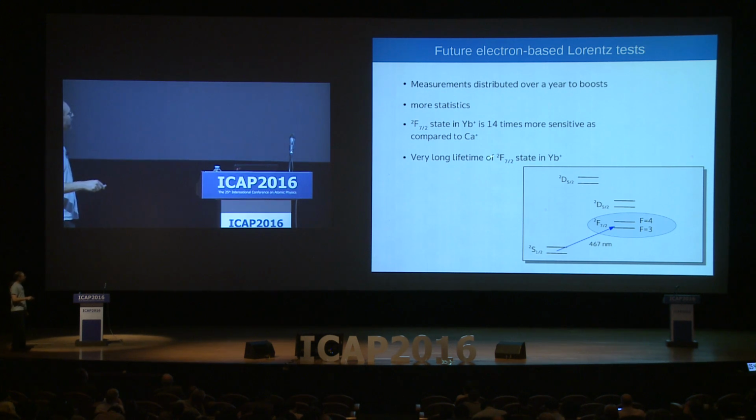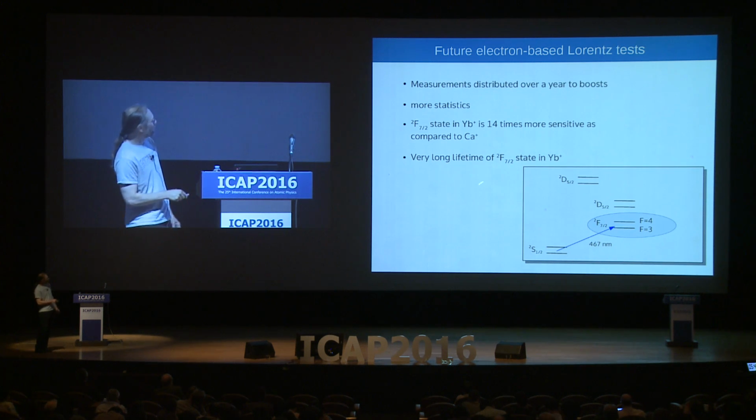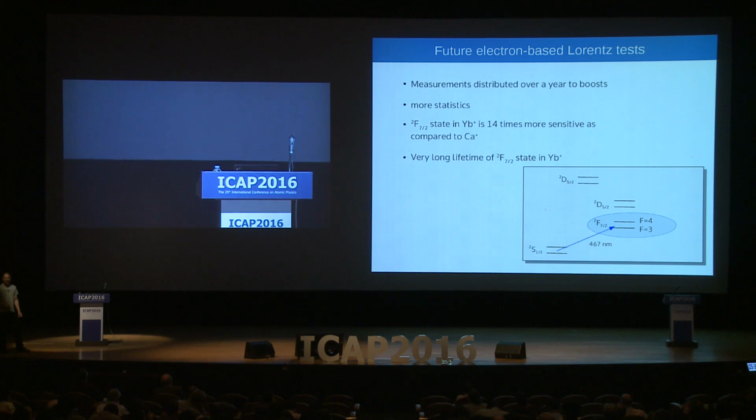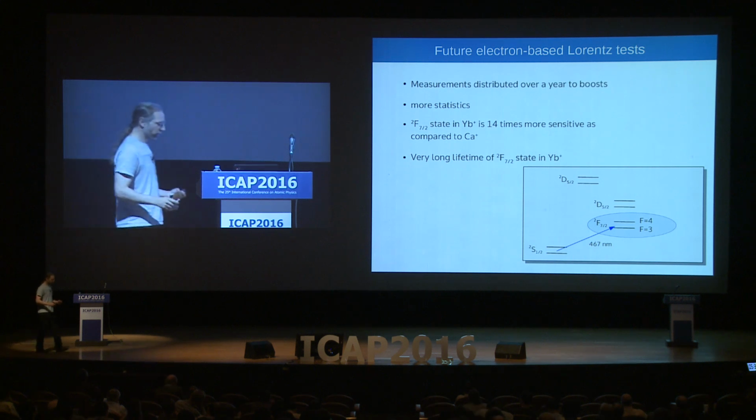In addition, this F state has a very long lifetime, beyond anything which is experimentally relevant, and that allows you in principle to make a much longer Ramsey interrogation time.